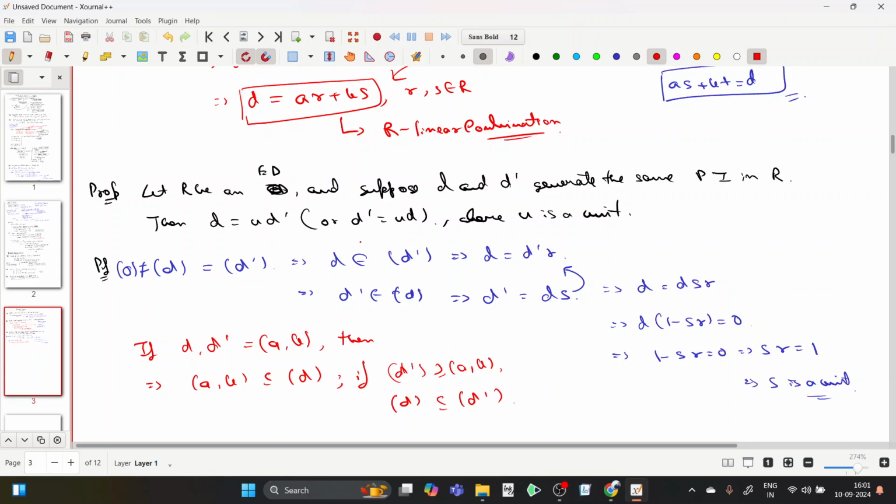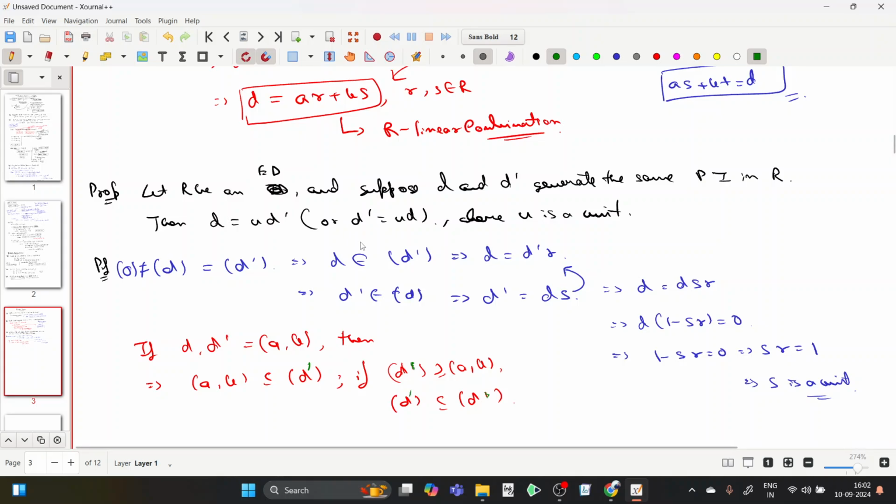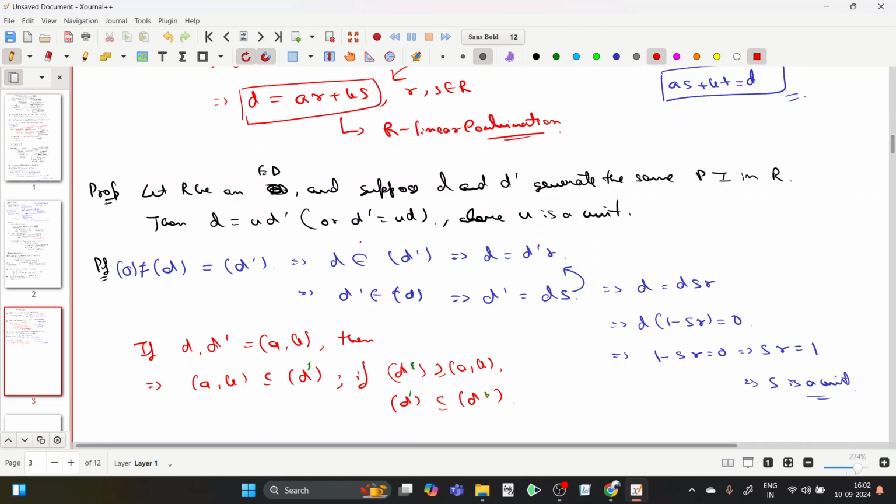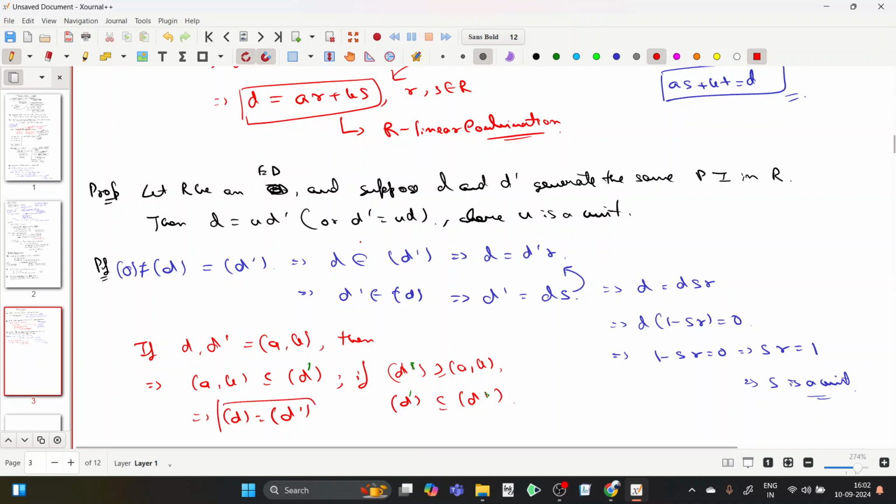This is something we previously discussed, but this happens from either side, right? I can also replace this with D dash, and then I'll have a reverse inclusion here. So in other words, what we can observe here is that the ideal generated by D is equal to the ideal generated by D dash, right?